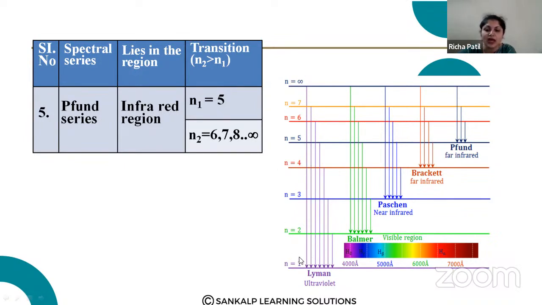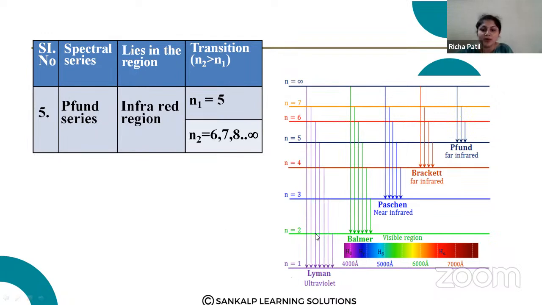Now when n1 equals 1 and n2 equals 2, 3, 4 till infinity, it shows the spectral line called Lyman. It is called Lyman because the scientist who discovered it was Lyman.